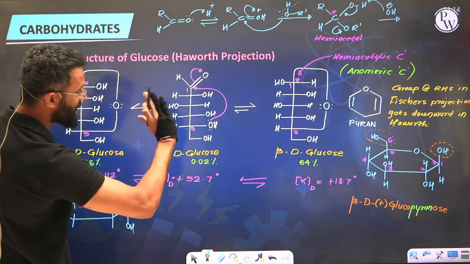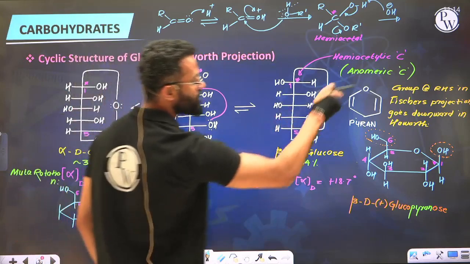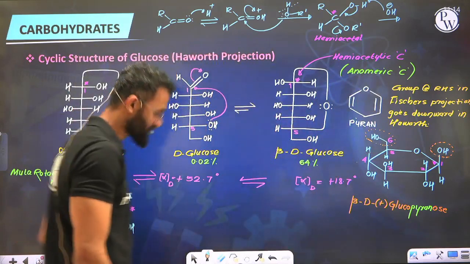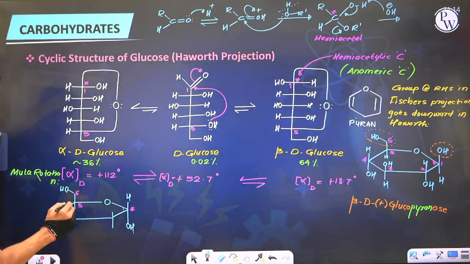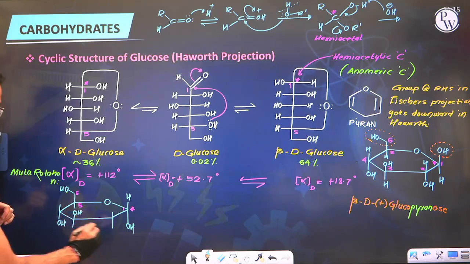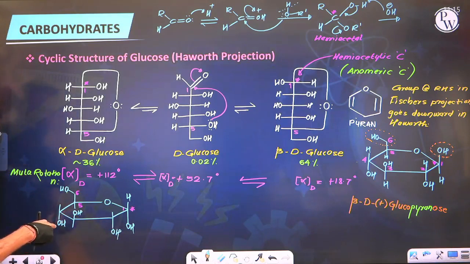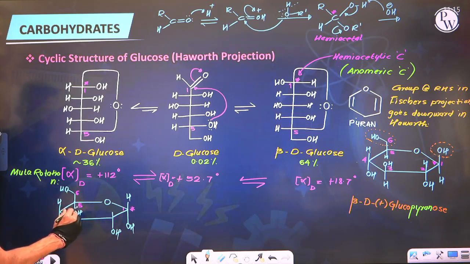And when I say right, it means you're putting the group facing downward in the Haworth projection. Remaining valencies will be satisfied by H.